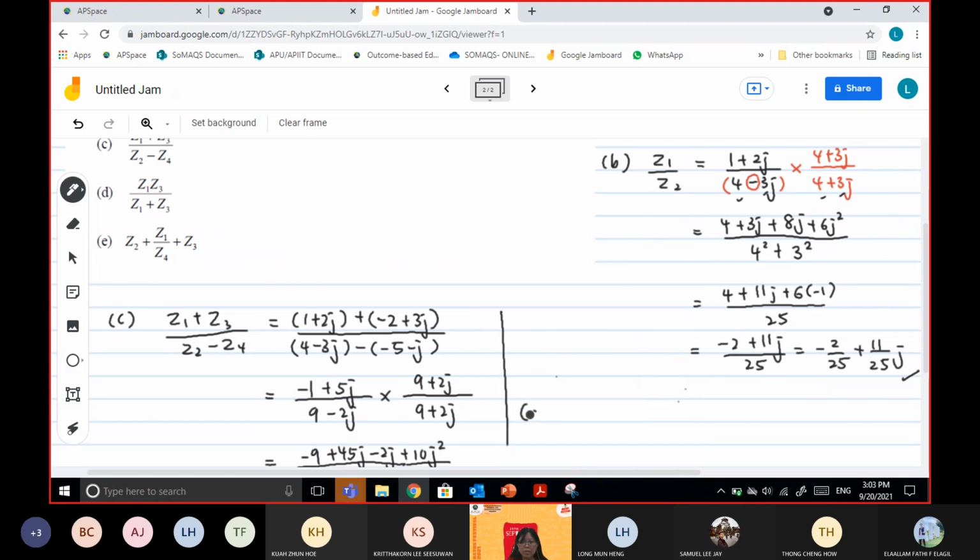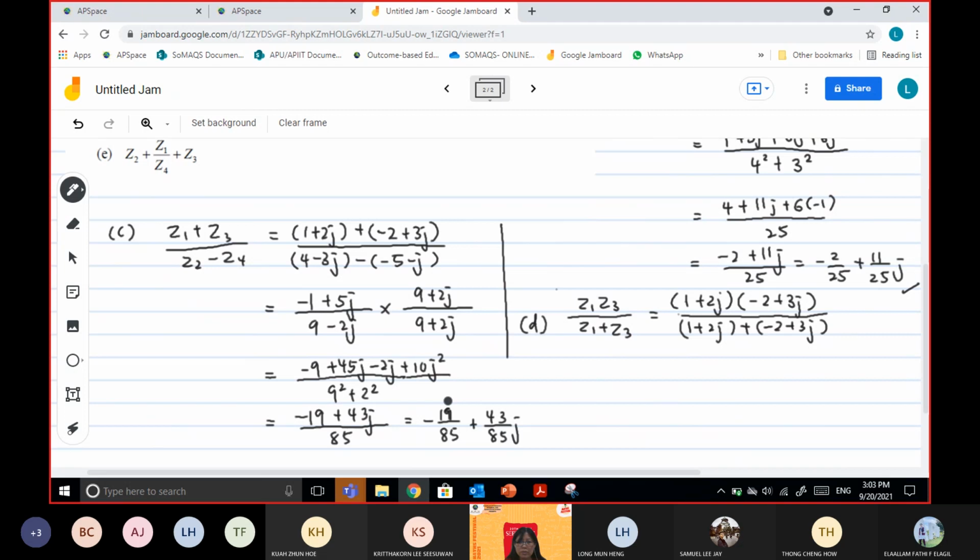For question D, we have Z1, Z3, divided by Z1 plus Z3. So Z1 times Z3, which is 1 plus 2j product with minus 2 plus 3j, divided by Z1 plus Z3, which is 1 plus 2j plus minus 2 plus 3j.